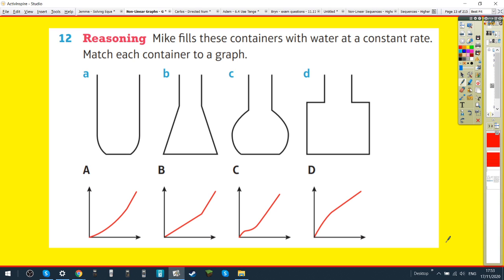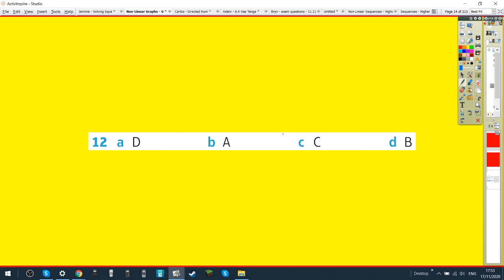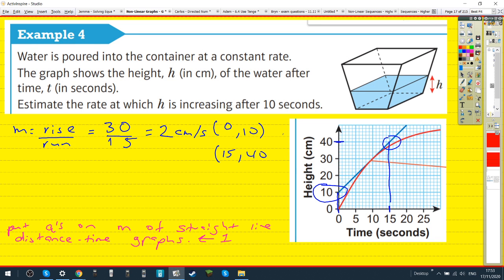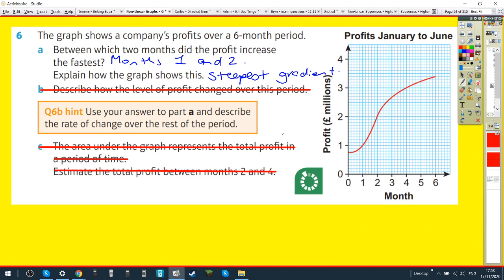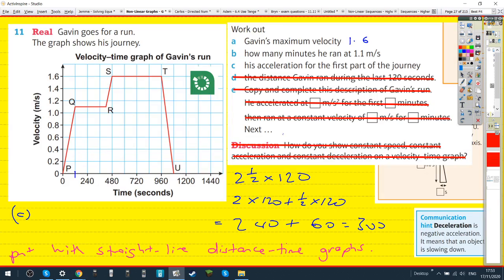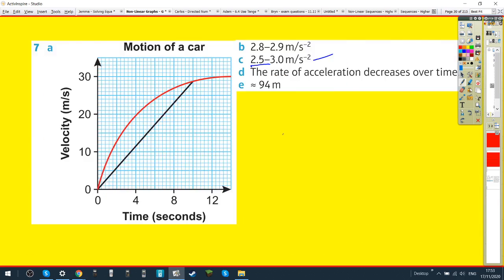Okay. So C and C. C and C. Yeah, that's all right.